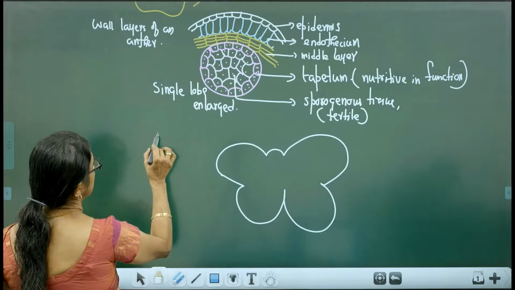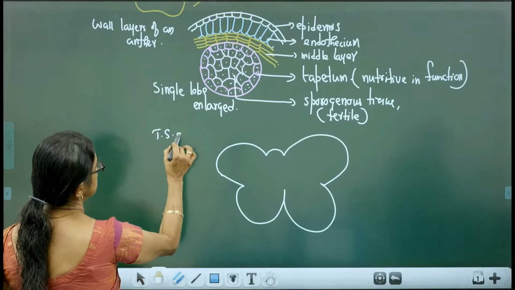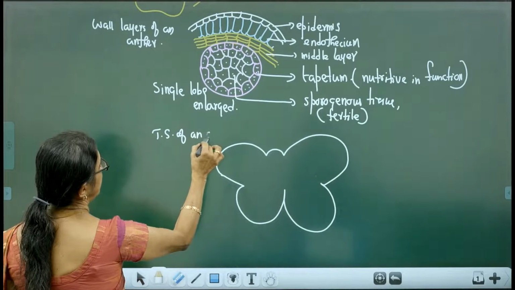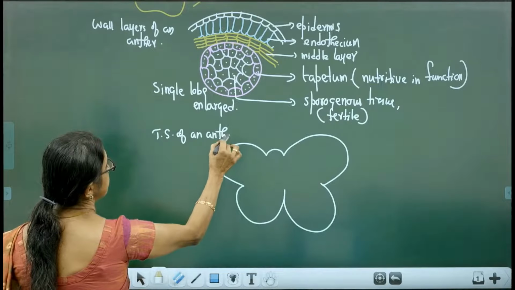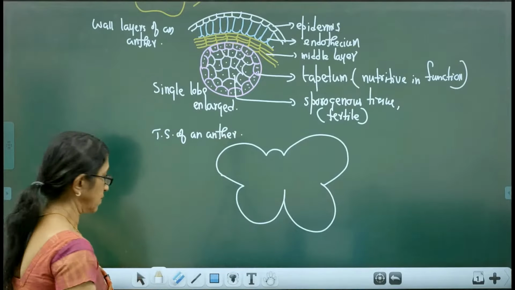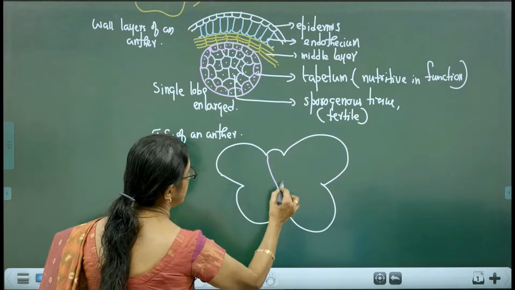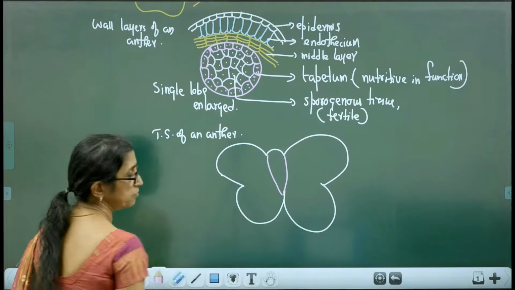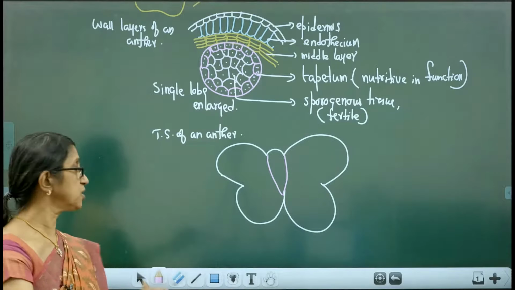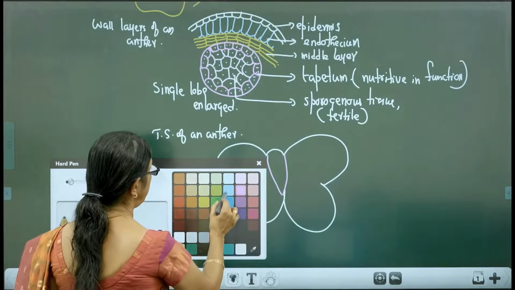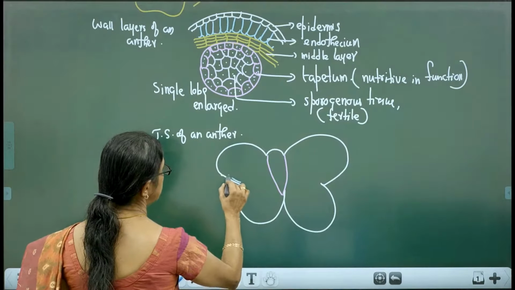So transverse section or cross section of an anther. In the center, we can see the connective that connects the two anther lobes together with the various wall layers.